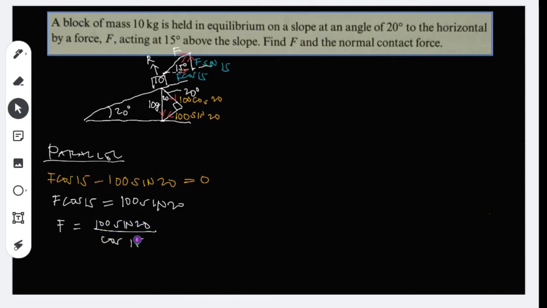Now, let's use your calculator, and don't forget to express the mode in terms of degrees. So 100 sine 20 divided by cosine 15. Let's express it in decimal places for the force.